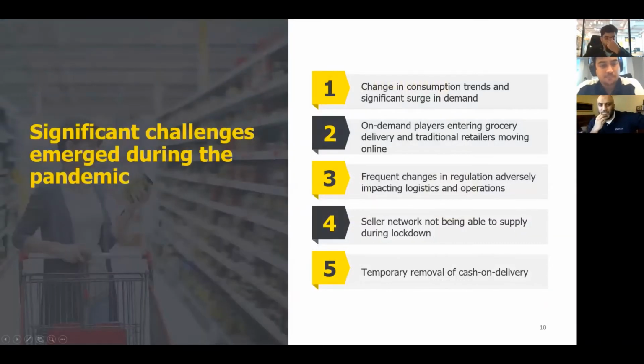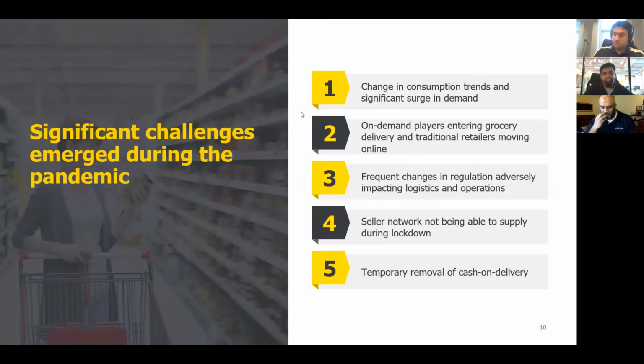Yeah. So we are on point number 4, where sellers were not able to supply during lockdown. So the way the market was impacted, not everyone was equipped to have licenses to stay open. For example, there was a period of a few days where the ministry had announced that only people who have a pharmacy license should be able to operate, which means everyone else should not be seen on the road.